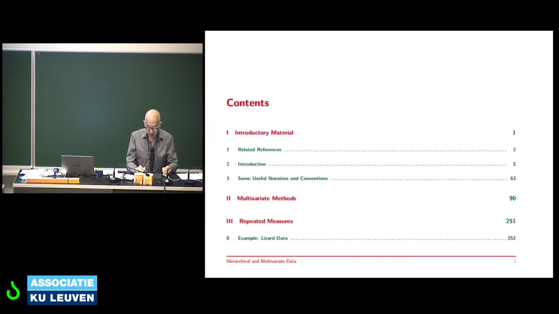So, the course, as I said, after the introductory material, where we introduce not only examples, but also some common tools used throughout the various application areas. After having done that, the second part, Christel's part, is about multivariate methodology.